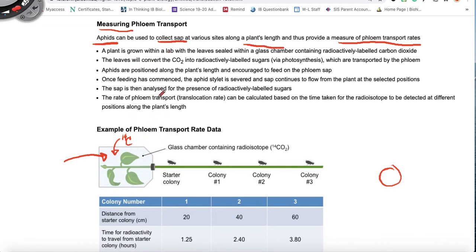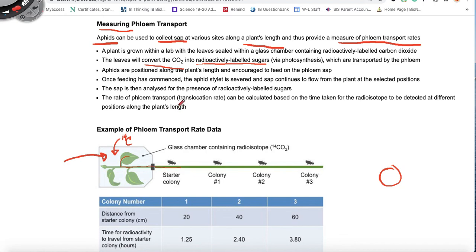So the leaves, of course, are going to do photosynthesis. They're going to convert the carbon-14 in the carbon dioxide into radioactively labeled sugars. And then that sugar that is made here in the leaves is going to travel from the leaves to the stem, and it's going to reach the first colony and then the second colony and third colony and so on and so on.